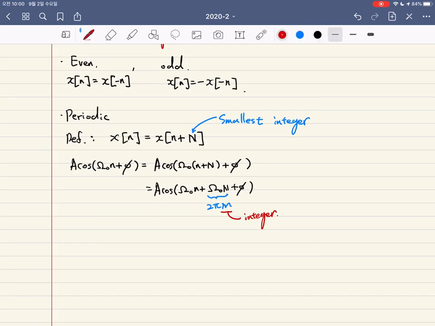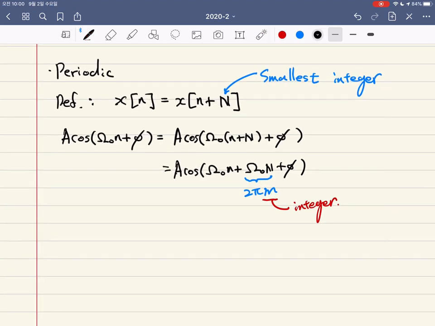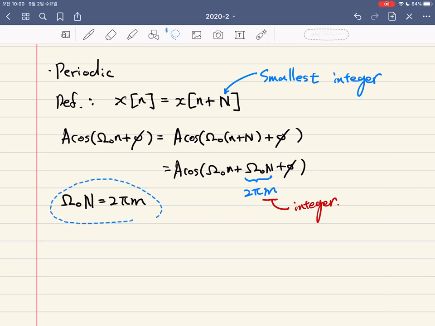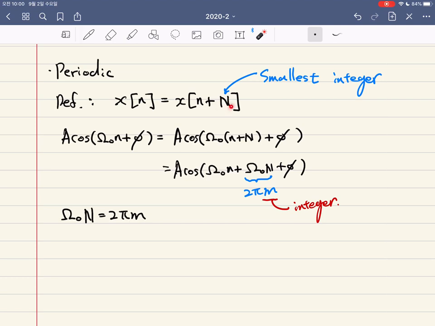Okay, we already had this relationship. And this means that large omega 0 times large N equals 2 pi times m. Here, large N is a period, so if we organize this equation with respect to large N, then large N should be 2 pi times m over large omega 0.